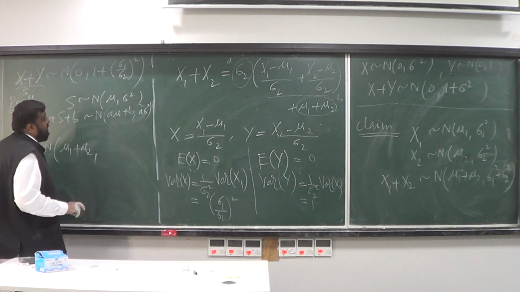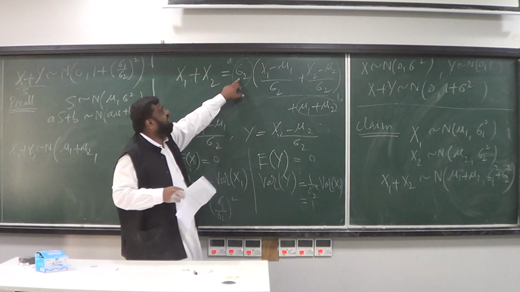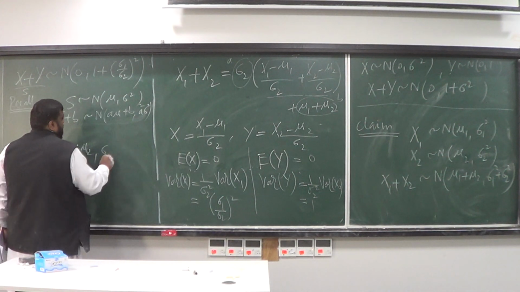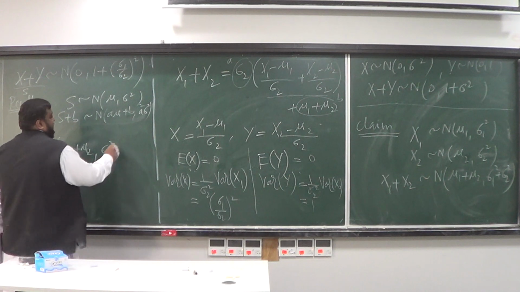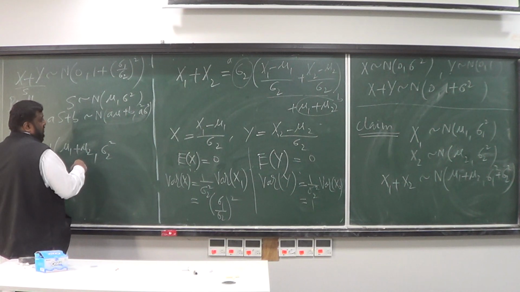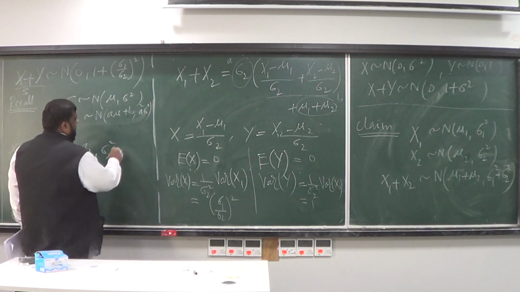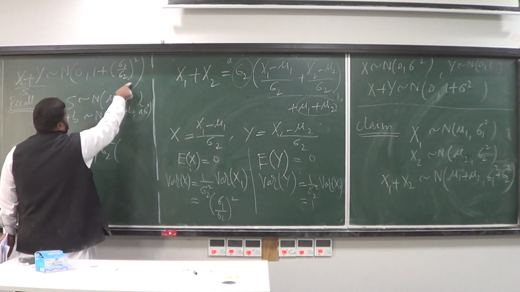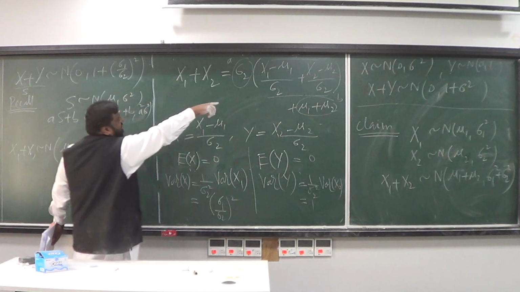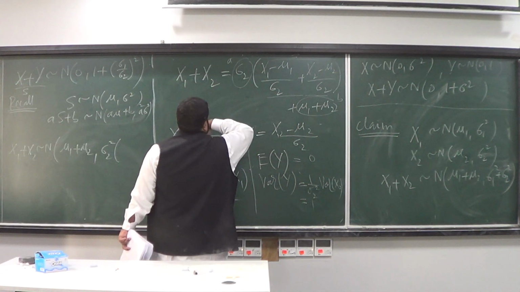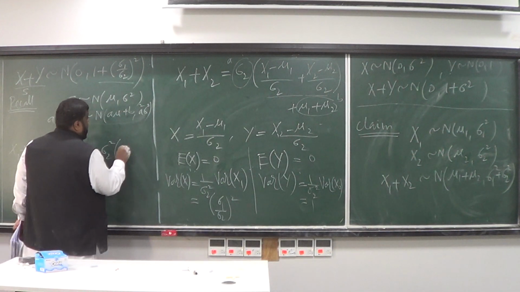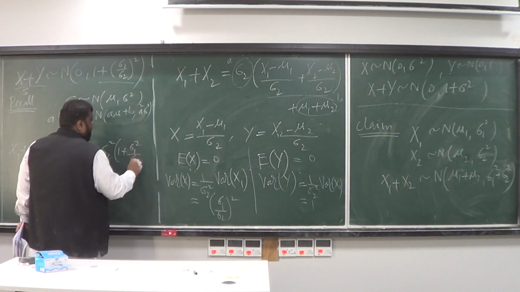The variance of it is going to be a square, and what is a? a is sigma 2, so a square is sigma 2 square times sigma square. And what is sigma here? In this case it is sigma for S, the role of sigma square is played by this. So you get 1 plus sigma 1 square over sigma 2 square.